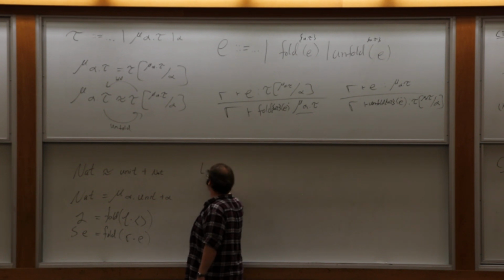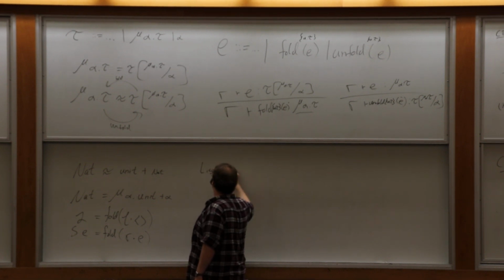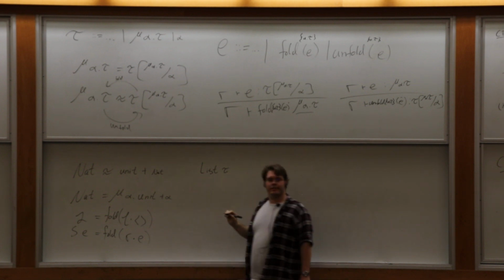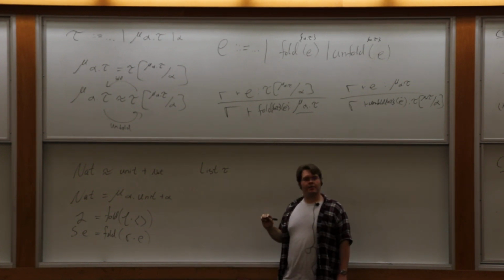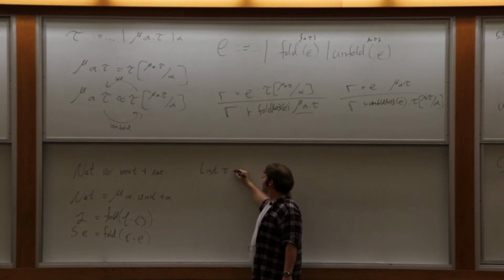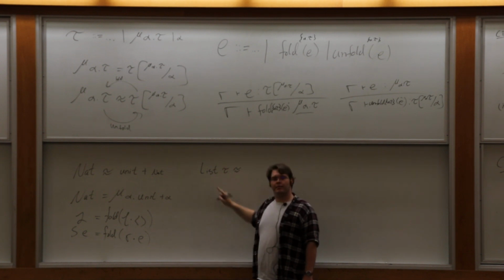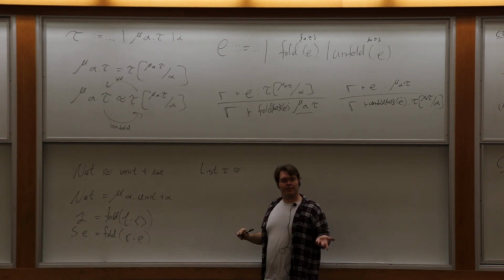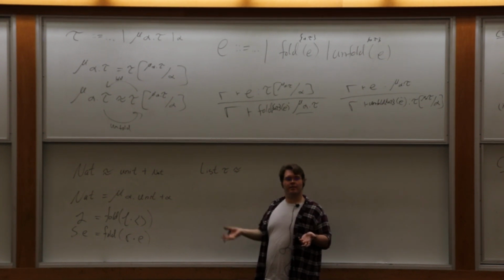What about list? A list of elements tau. How would you write that? A value of this type is going to look like, well, it's either empty or it's a construction of a first tau and then the rest of the elements.